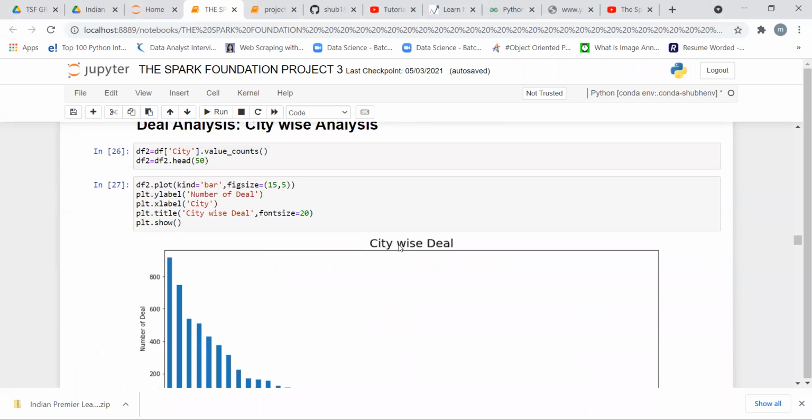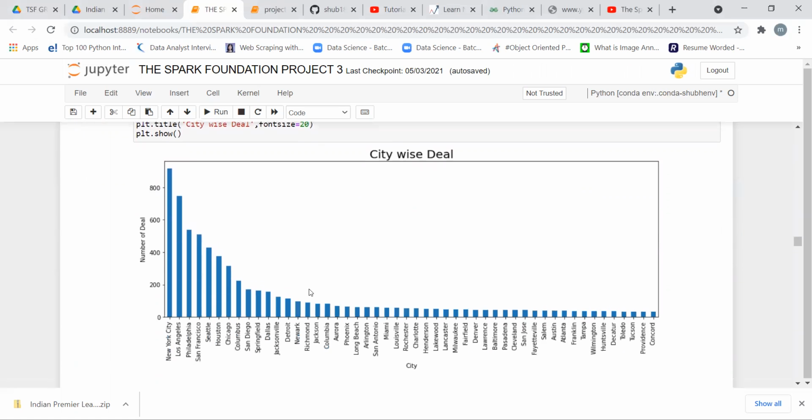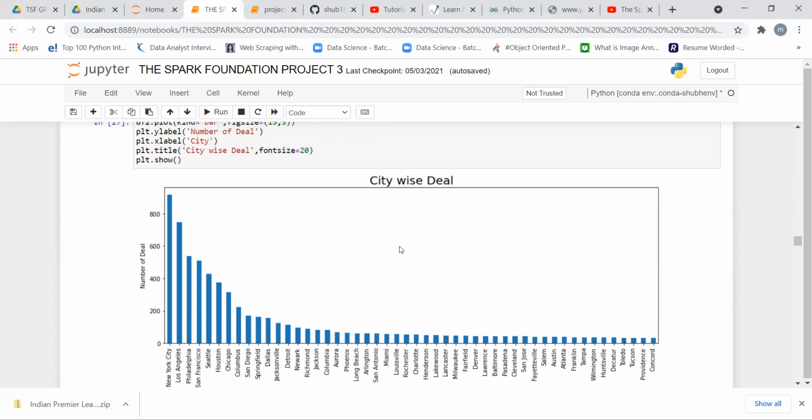So we use head with parenthesis and 50, and this is the top 50 cities we use for analysis of the data set.